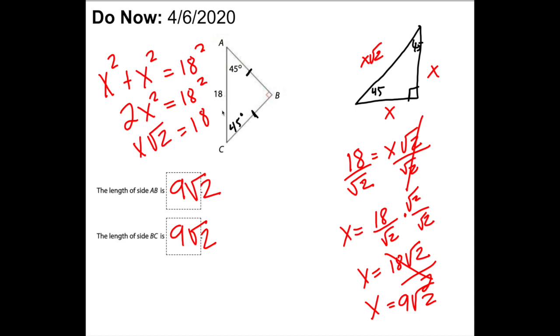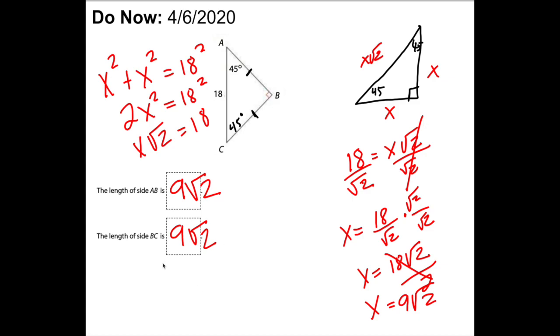And remember, you don't do the plus or minus because in this case, you can't have a negative side length. So based on the context, you throw that out, and then you see it turns right into this problem here, so that if you didn't know entirely how to solve it, the Pythagorean theorem would also give you some guidance. So what we have is 9 root 2 and 9 root 2.